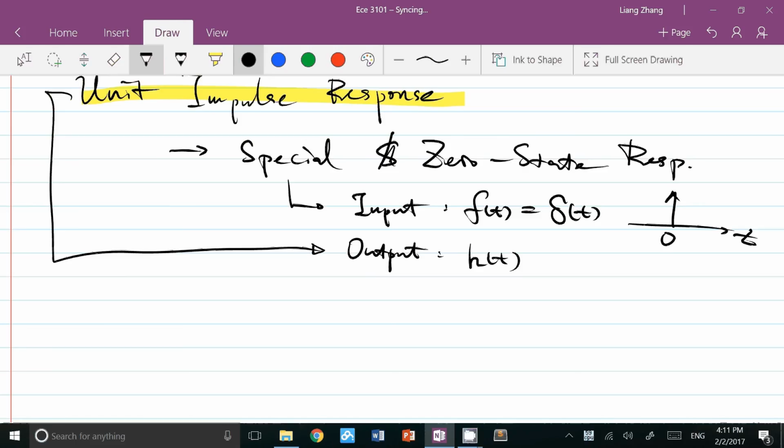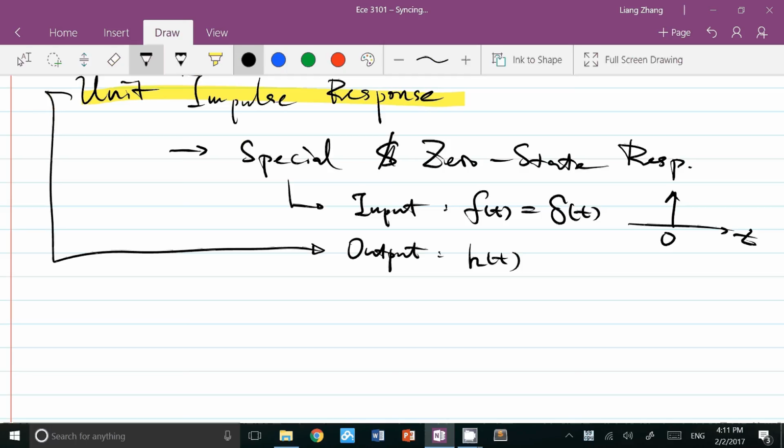Now, if you want to solve for the unit impulse response, you can do the hardcore math. If you're interested, you can read the appendix to chapter 2. It gives the derivation of how h of t can be calculated. What we're going to do here is directly give the solution and walk you through the steps in a couple of examples to illustrate the process to eventually obtain this h of t.